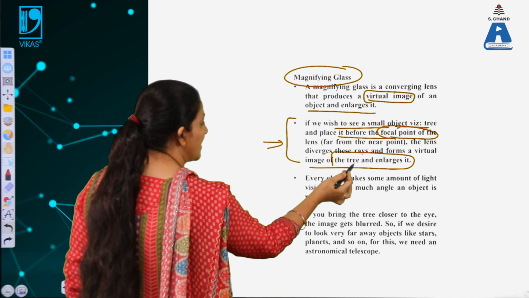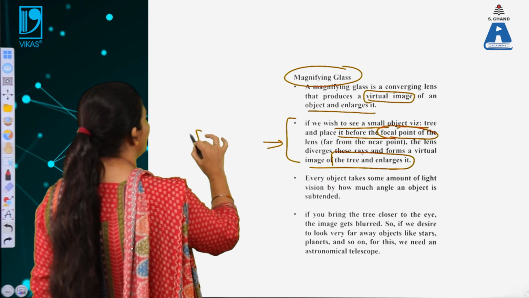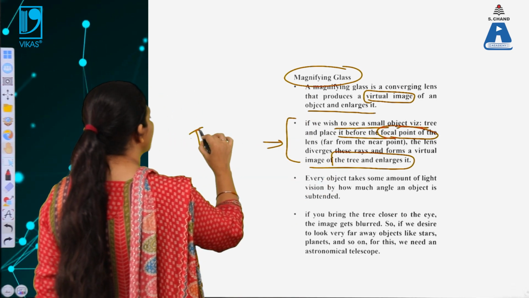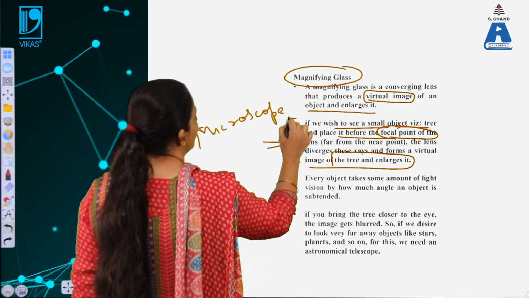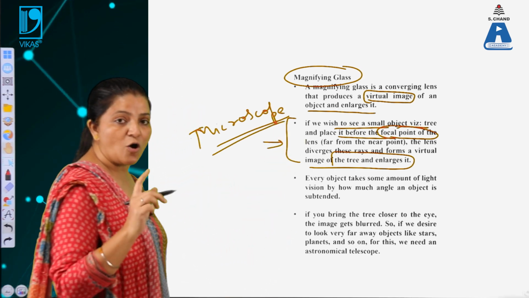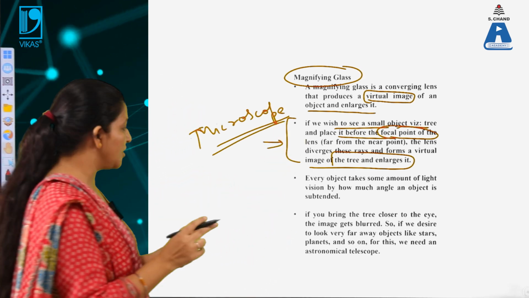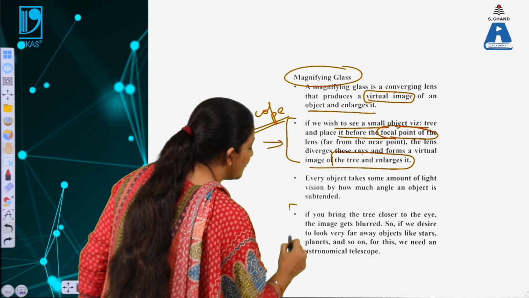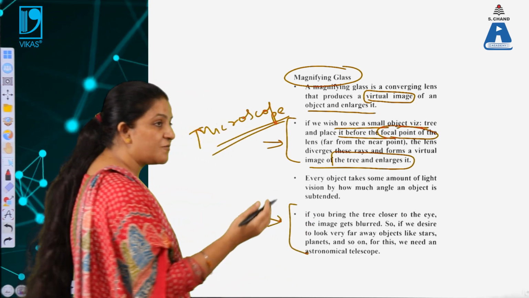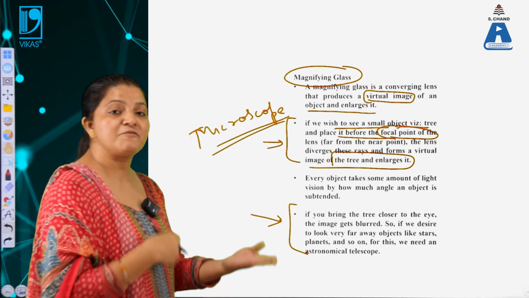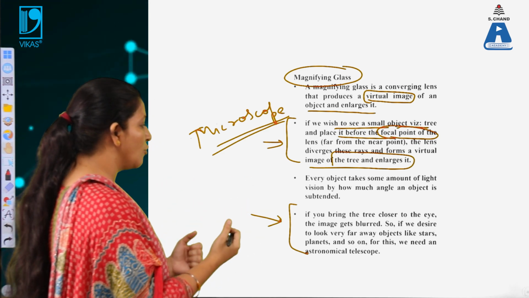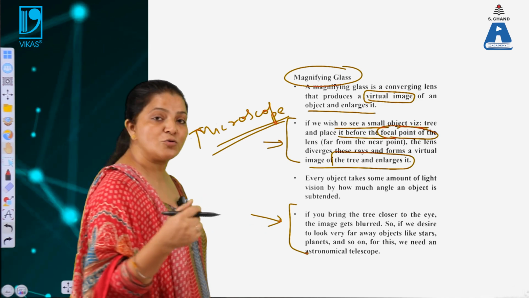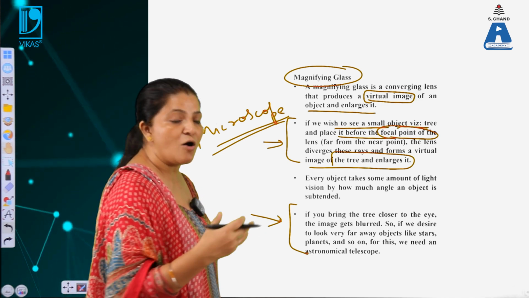These magnifying glasses are used in microscopes, in order to see small objects with enlarged images. While when objects are very far away from us and we want to bring them very close to us, for example, if we want to see the stars in the sky, how can we see?